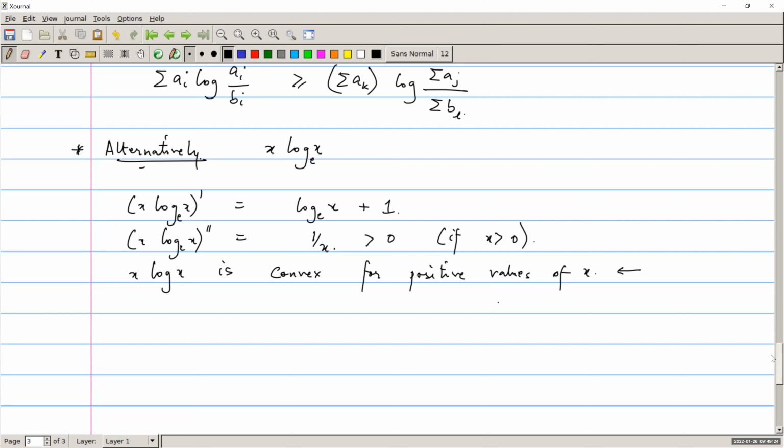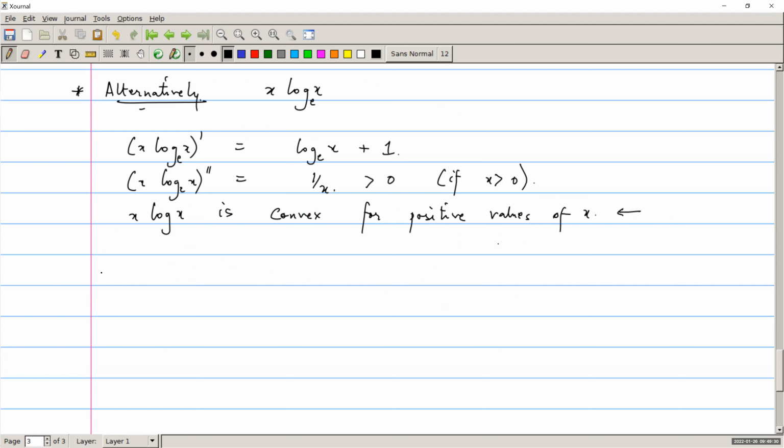Right. So one of the immediate consequences of the log sum inequality is, since the only restriction is that the ai and bi are positive, if we take any two probability distributions, let us say p and q.